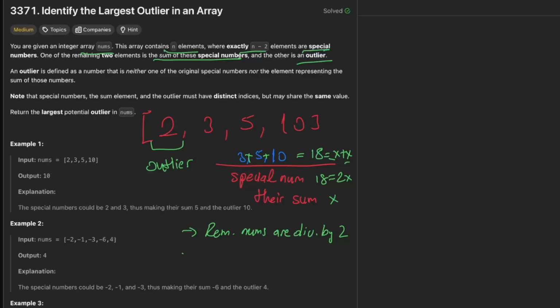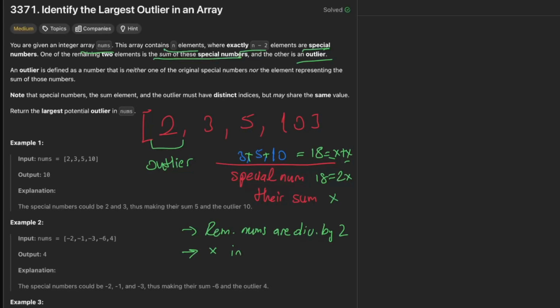Another observation is that half of the remaining total, that is x in our notation, has to exist in the list. If we think on this example again, half of 18 is 9, but 9 is not here. We have only 3, 5 and 10. That means that 2 cannot be an outlier.